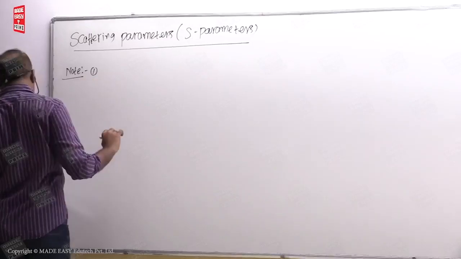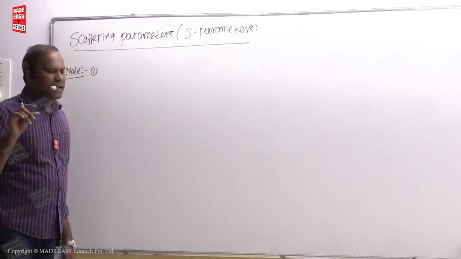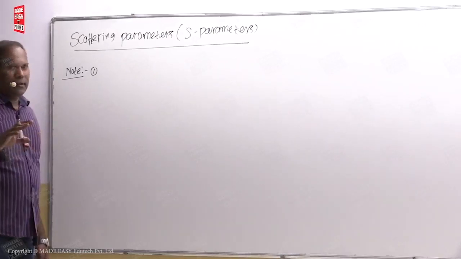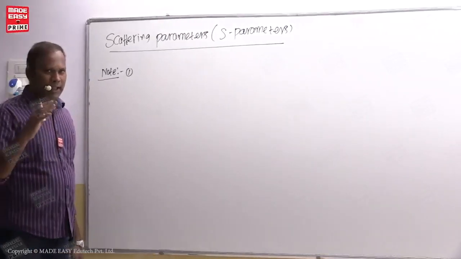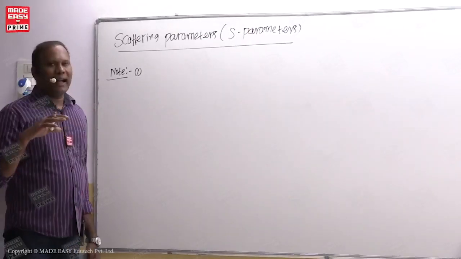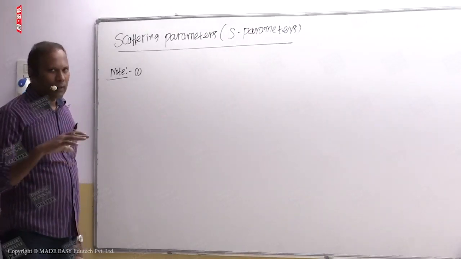Why are ABCD parameters, Z parameters, Y parameters, H hybrid parameters from network theory not useful at high frequencies? What is the reason?